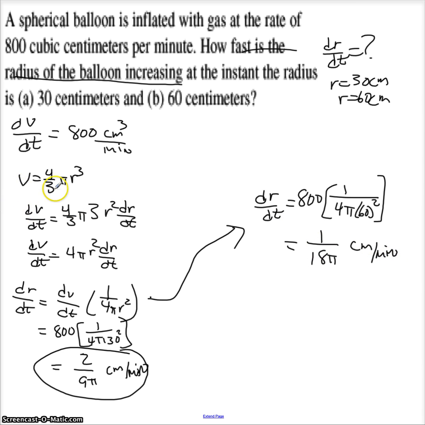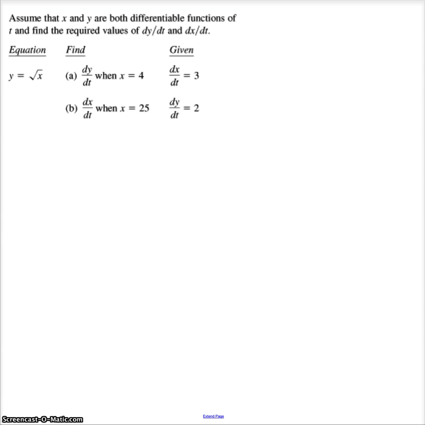All right. If we were to go back and do a simpler one, say, assume that x and y are both differentiable functions of t, find the required values of dy/dt and dx/dt. Well, if y is the square root of x, then first of all, let me do dy/dt. dy/dt is going to be equal to 1/2 x to the minus 1/2 times dx/dt.